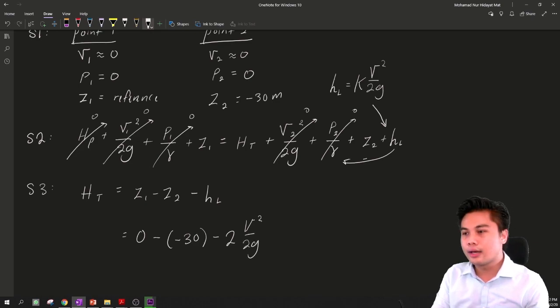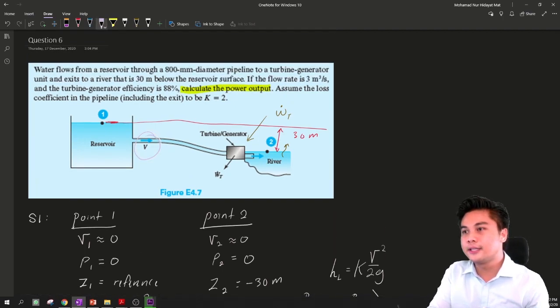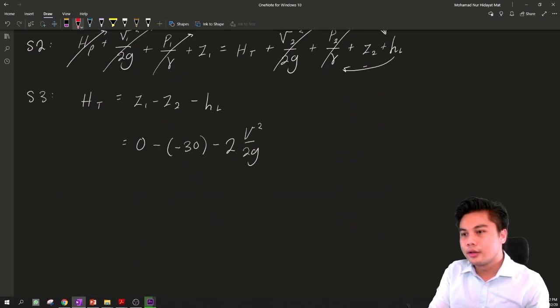However, we need to find the average velocity. In order to get this velocity, we use the formula of volume flow rate, which is given: Q equals AV, so V equals Q over area.